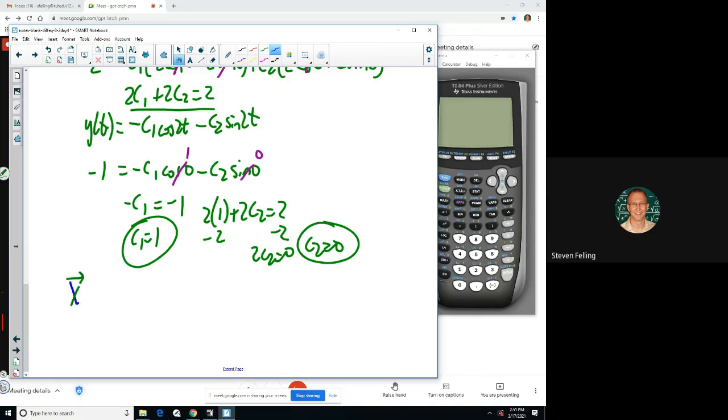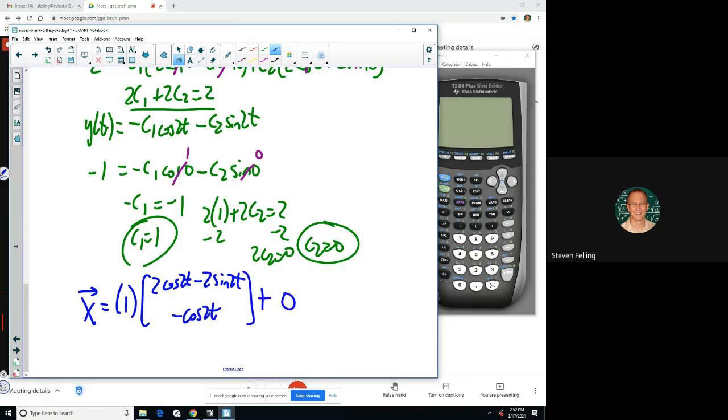X is the c1 value, which is 1, times 2 cosine 2t minus 2 sine 2t, and then on the bottom it's negative cosine 2t, and then plus 0, right? This term is 0 because c2 is 0. So it's just this. This is the expression right here.